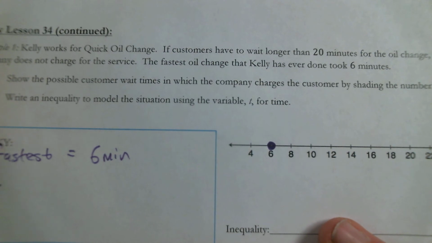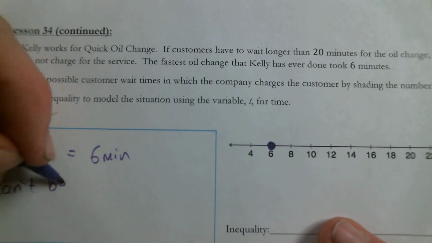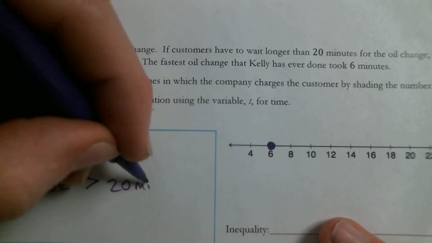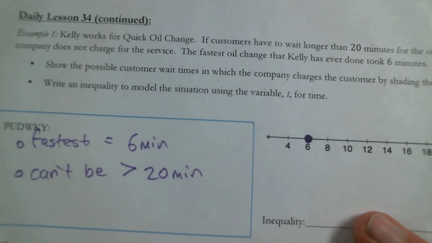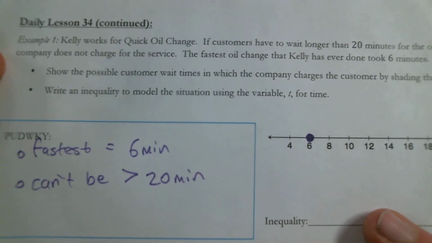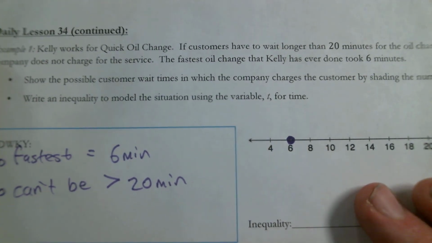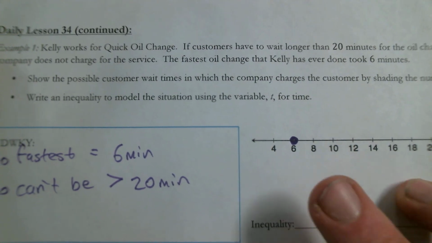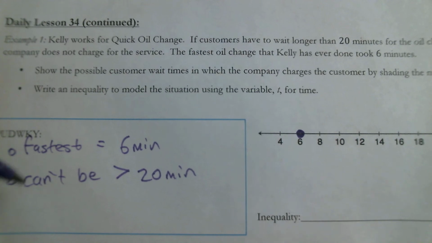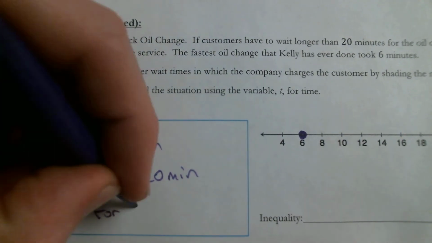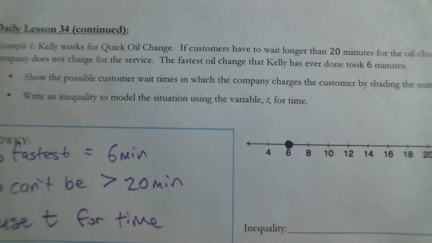It can't be bigger than 20 minutes or we'll be in trouble. Then they get it for free. And let's see. It wants to show all the possible times that could happen if you have Kelly changing your oil. And then it wants us to use the variable t for time. So I'm going to say I need to use t for time as my variable when I write my inequality.